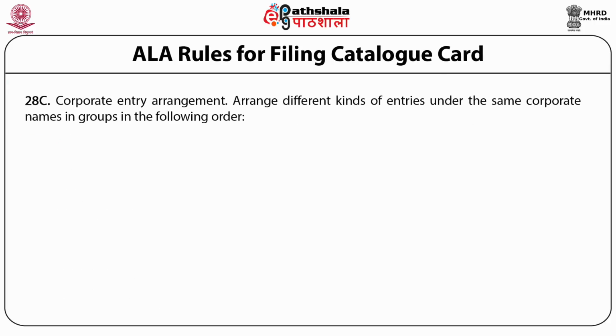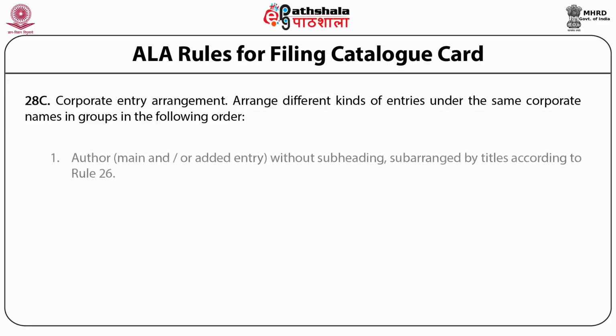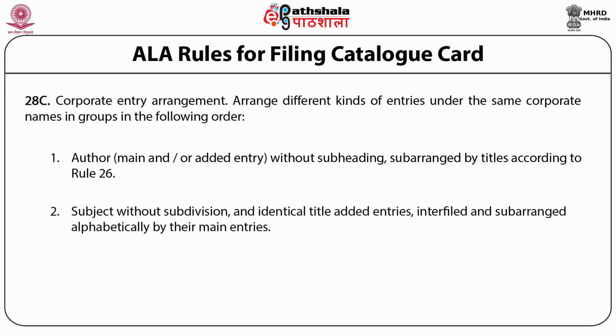Rule number 28C. Corporate entry arrangement. Arrange different kinds of entries under the same corporate names in groups in the following order. First, author, main and/or added entry without subheading, arranged by titles according to Rule 26. Second, subject without subdivision and identical title added entries interfiled and subarranged alphabetically by their main entries.